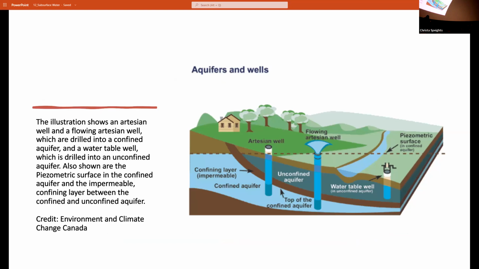So humans get a lot of our drinking water from groundwater. It's important to know how the wells are going to behave and how these water tables behave. As you can see in this figure, they're going to behave differently whether they have a confining layer above them, so this confined aquifer, or whether the well goes into an unconfined aquifer that just sits right below the vadose zone with no impermeable layer over it.